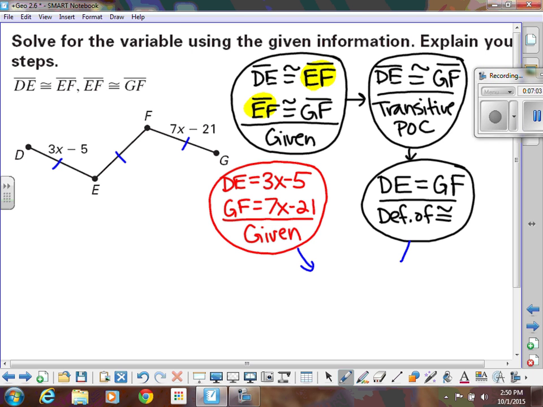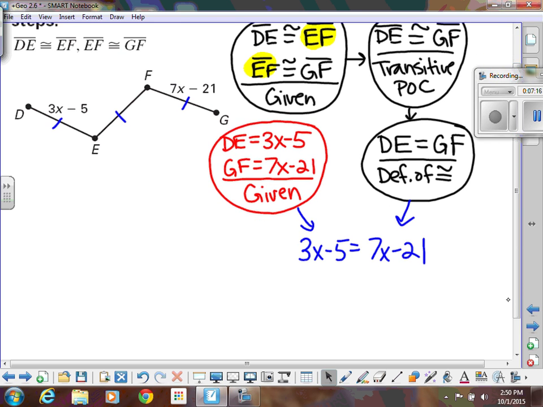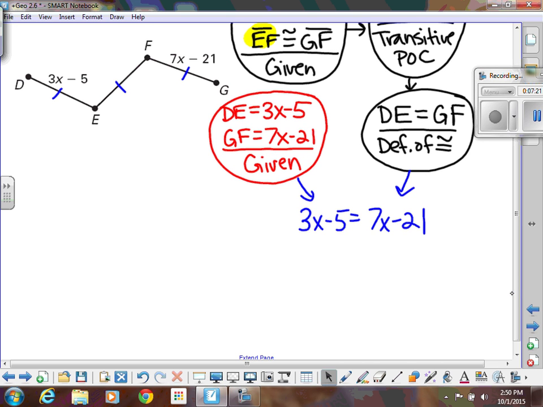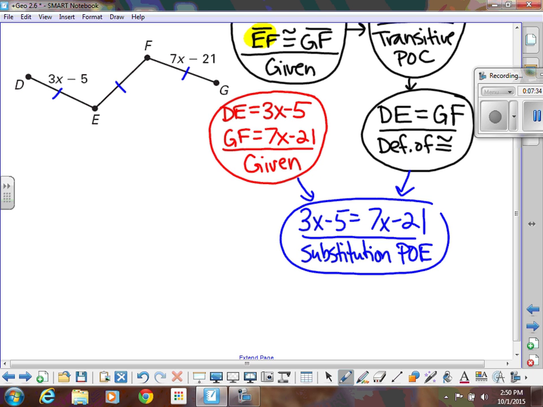I'm going to put arrows coming off of both of those, and show that 3x minus 5 equals 7x minus 21. How do I know that? All I did was substitute those values into DE equals GF. So that's the substitution property, and this is POE because we're using equal signs. Notice that there is no substitution property of congruence, so don't ever put POC for substitution.